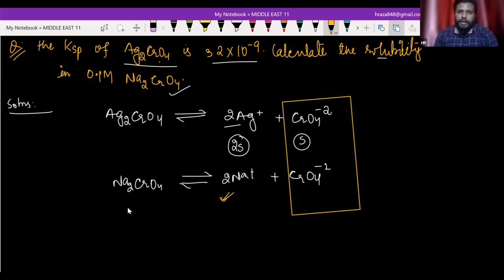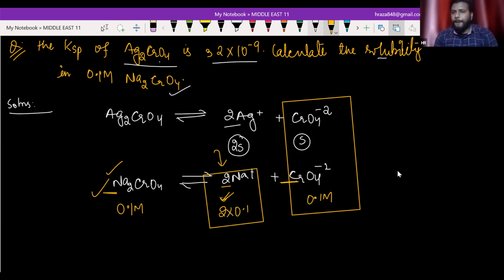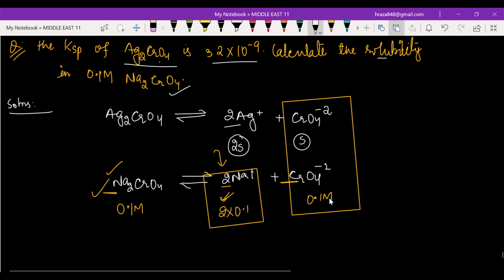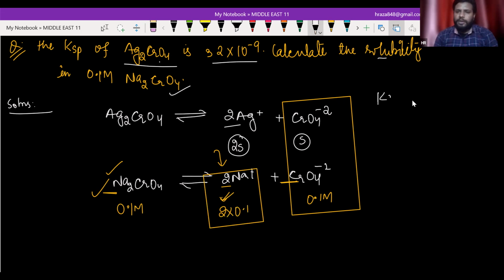So you can see this has a molarity that is 0.1 M, and so it will have molarity 0.1 M because this has a stoichiometric coefficient 1 and this has a stoichiometric coefficient 1. And the molarity of Na plus is basically 1 will give twice, that means 2 into 0.1. But we don't have to do anything with this. Okay, is everything okay? Yes, sir. Okay, now if you find the value of KSP, it will have a value Ag plus into CrO4 minus 2.